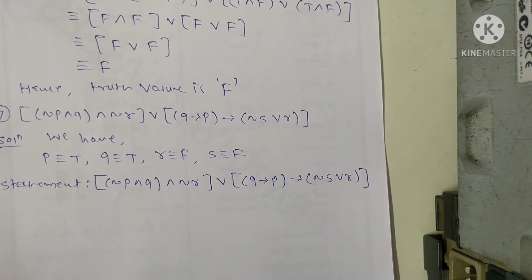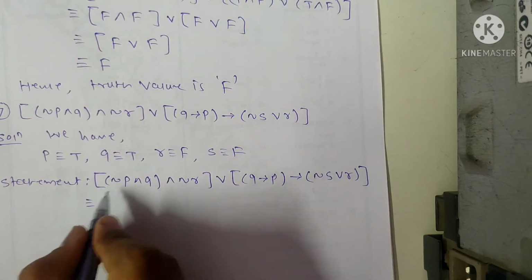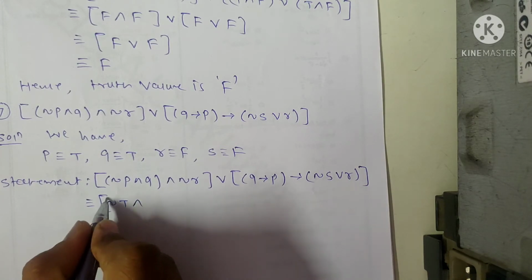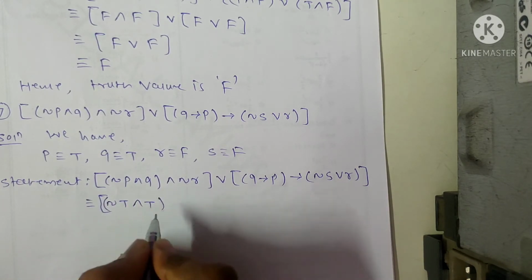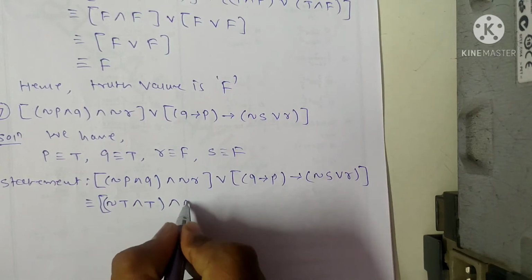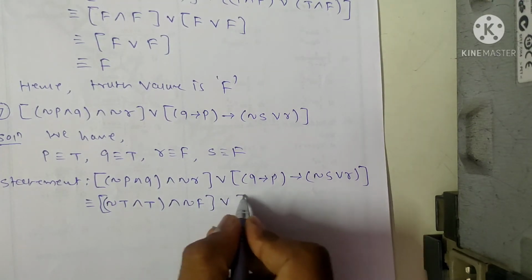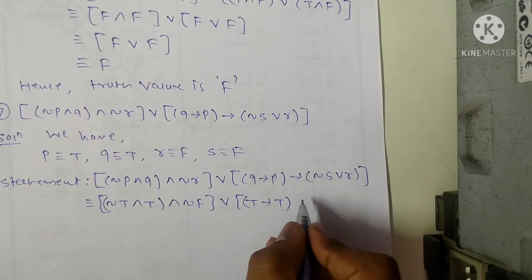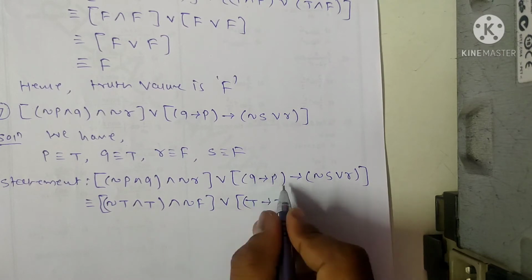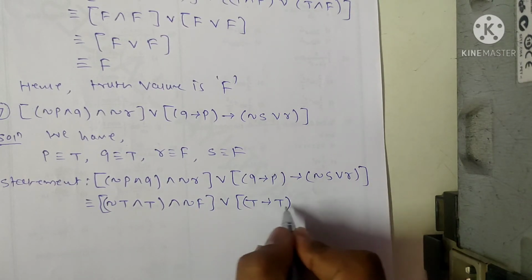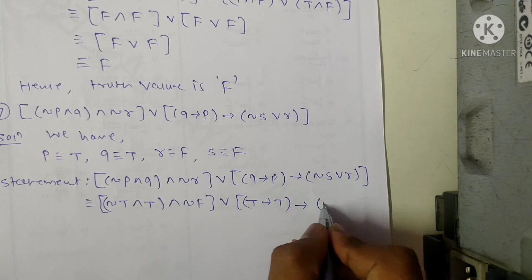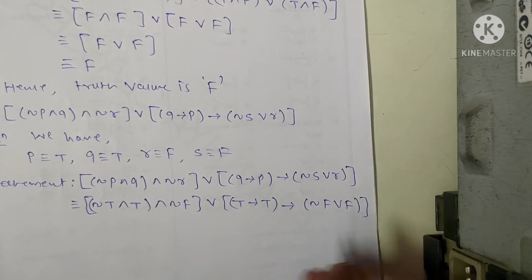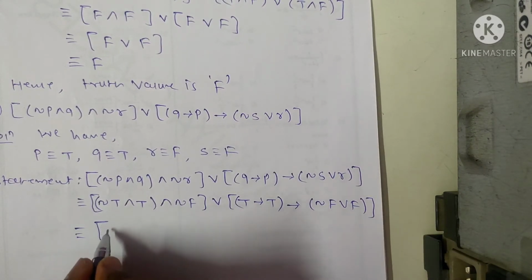We replace the truth values of the given statement. Negation P means negation T, and Q is T, and negation F because R is F, or T then T because both P and Q are T, then negation S, S is F, or R is again F. Now here is the negation.